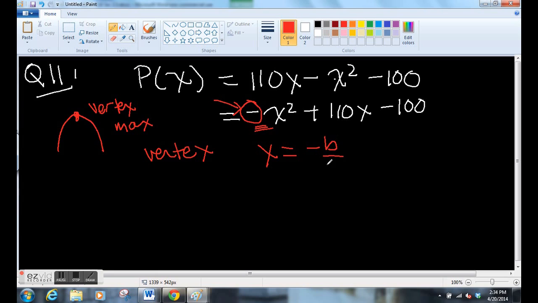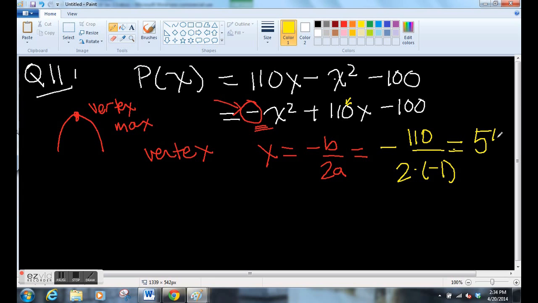So now we're plugging in: negative b, that's 110, divided by 2 times a, which is negative 1. A is the coefficient of the x squared term. That equals 110 divided by 2, which is 55. So what is the maximum number of items that maximizes profit?